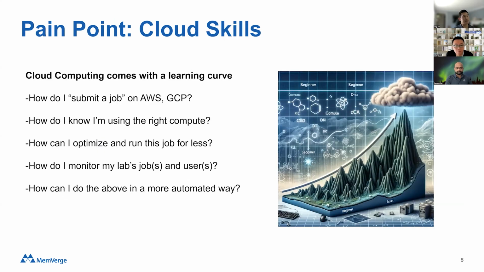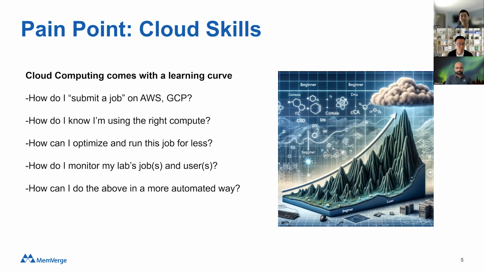And the other pain point that we're addressing is this cloud skills gap. Many researchers are coming from a university HPC lab context. And so even simple things like, okay, if I have a cloud account now, how do I actually run a job on AWS or GCP?